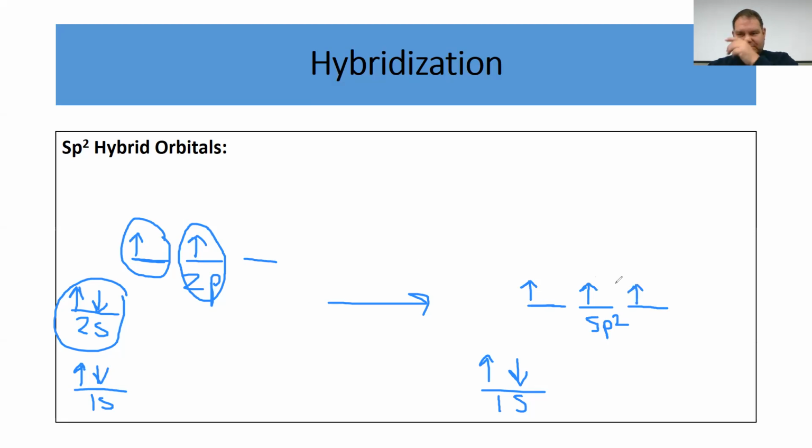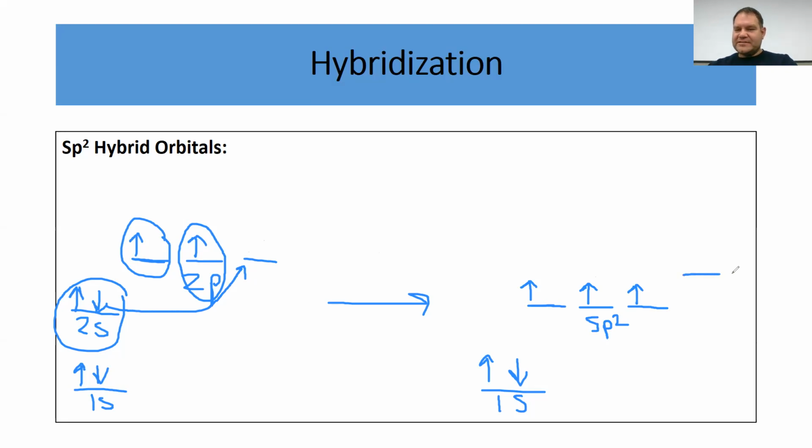All right. Now, wait a minute. You're going to say, well, hold on here. What happened to the other electron? Okay. Well, this electron is going to get promoted, excited to that energy level, or to that p orbital. Okay. But we're not going to mix this p orbital.